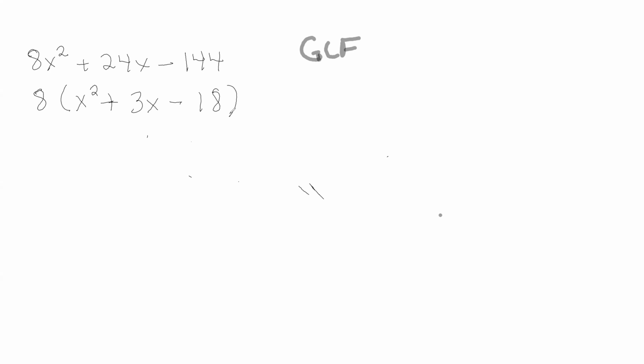Yeah. Yeah, because when it gets real complicated, I always go back to the greatest common factor. So here, can we factor this further? Remember, sometimes it may be prime. Do we know two numbers where the product is negative 18 and the sum is 3?